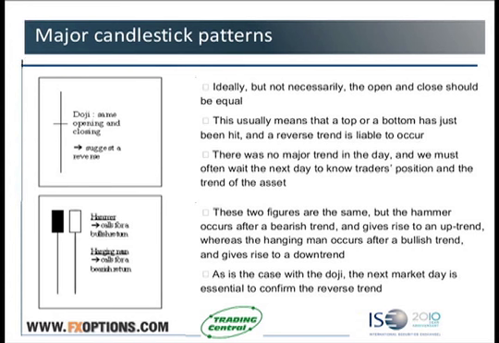Imagine that we have a bearish trend with several candlesticks on the downside, and you see this kind of pattern, the doji. This doji means that you may have a reverse trend. You can enter a long position or close your short position, because the trend just before is bearish, with the doji at the end of the day.